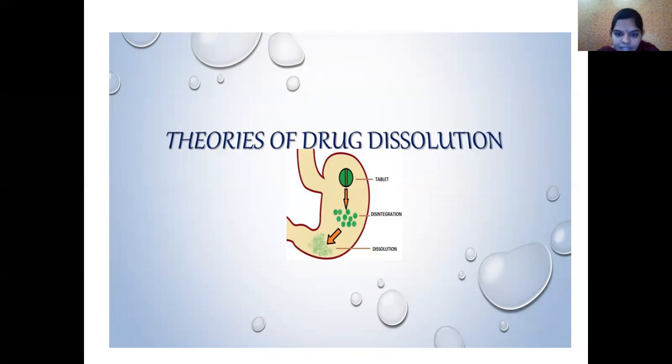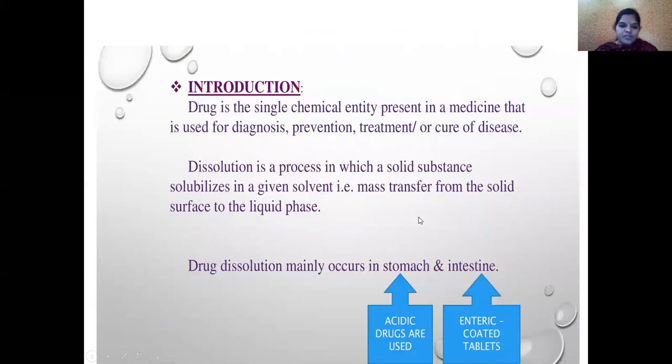So see here, this is the solid dosage form, a tablet, and it disintegrates and dissolves. What is this structure? The stomach, tablet disintegrating, and dissolving. So what are the theories of dissolution and how do they influence absorption in the GIT? Introduction. A drug is a single chemical entity present in a medicine that is used for diagnosis, prevention, treatment or cure of diseases.